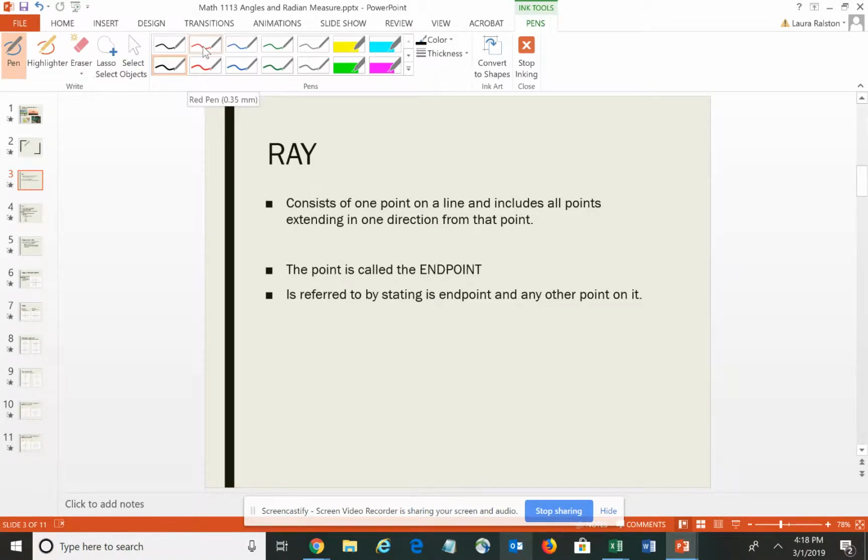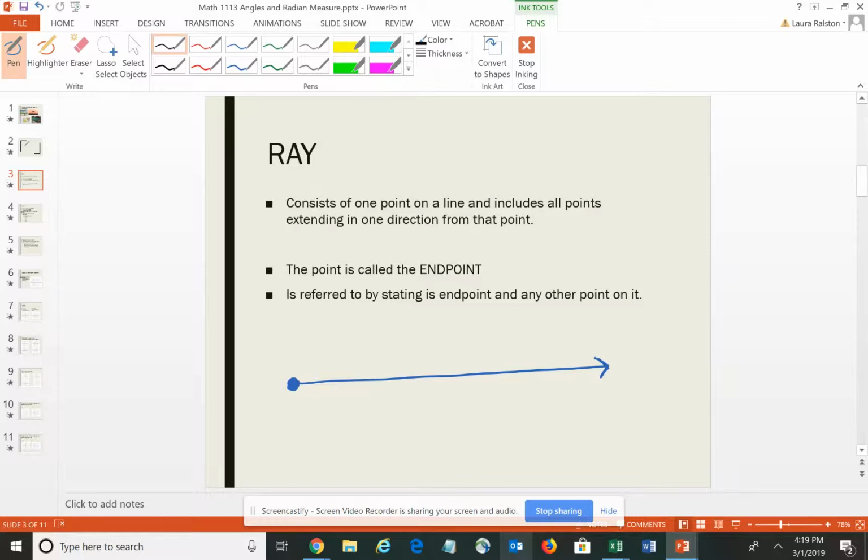So, for example, if we were to draw a ray, I would have an end point, which usually looks like a dot or a bulleted point, and then I would have a line, and we generally will put an arrow on the end to indicate that it does go forever and ever in that particular direction.